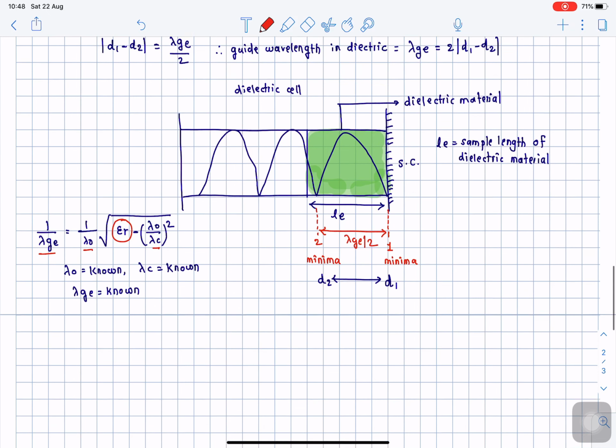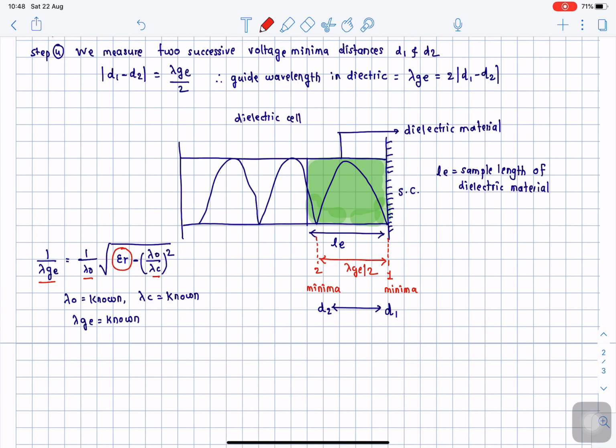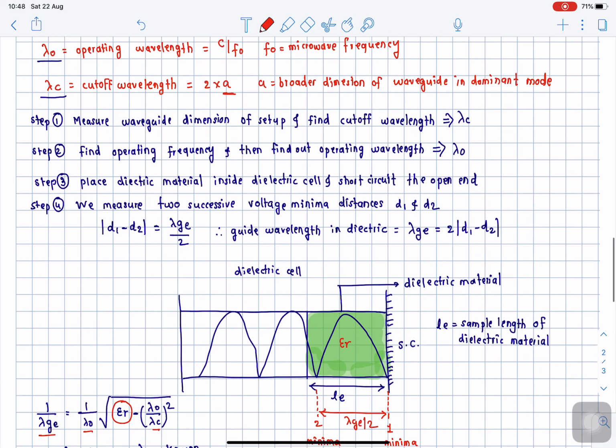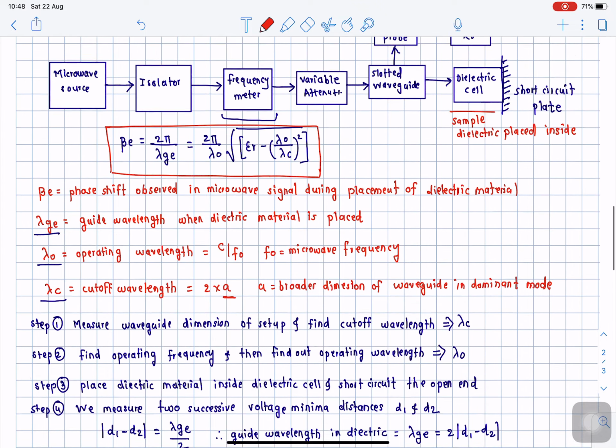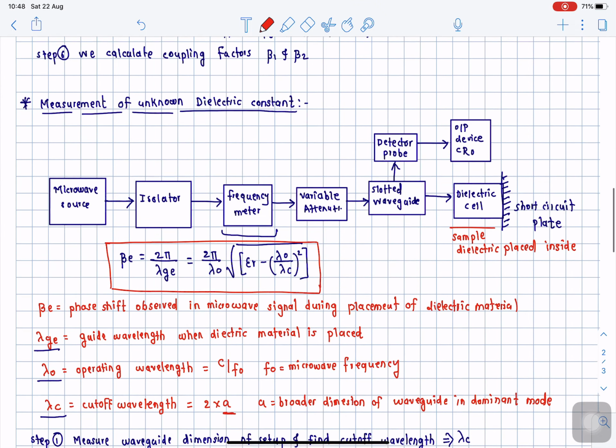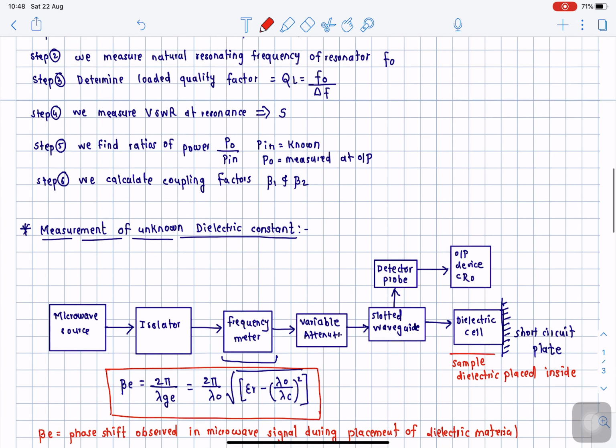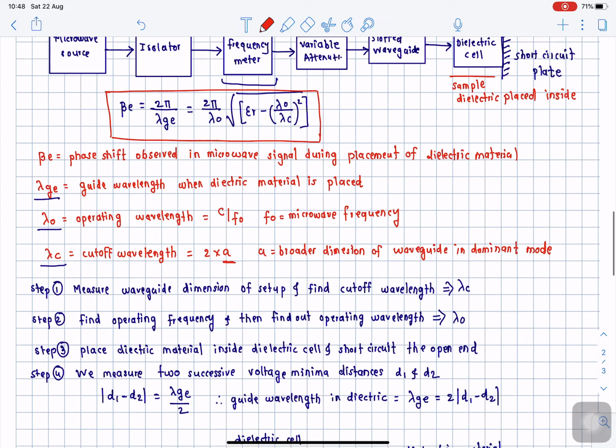Now this epsilon r, when you calculate it, indicates more or less the value of the dielectric constant of this particular sample. This particular procedure makes use of a slotted waveguide section and the dielectric waveguide cell for the measurement of the dielectric constant of the given sample material.